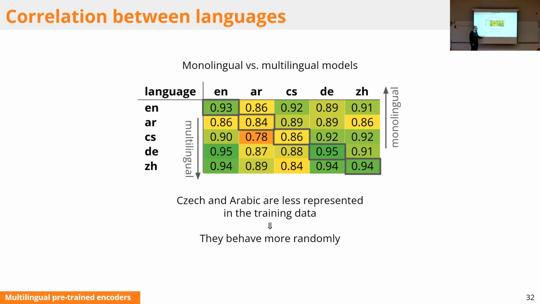No, the reason is that Czech and Arabic have much less training data in XLM-R, and because of that, the languages are much less represented in the data and in the model, and the embeddings are pretty much random. And you can see it even from comparing that monolingual Czech and Arabic have much higher correlation than in a multilingual model.